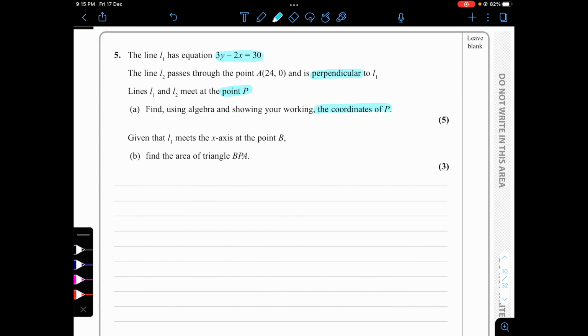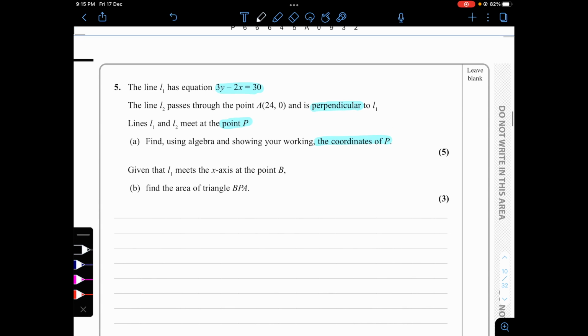Now we need to remember that perpendicular to L1 means the gradient of L2 will be -1 over the gradient of L1. Right?